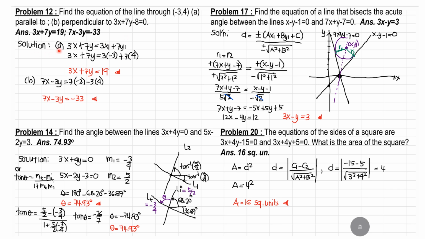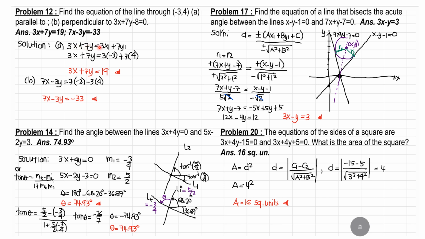Solution for part A. If the line is parallel to this line here, then it will have the same first two terms in x and y. So 3x plus 7y equals 3x1 plus 7y1. That's the shortcut. Instead of reasoning that they have the same slope, this one also has a slope of negative 3 over 7.